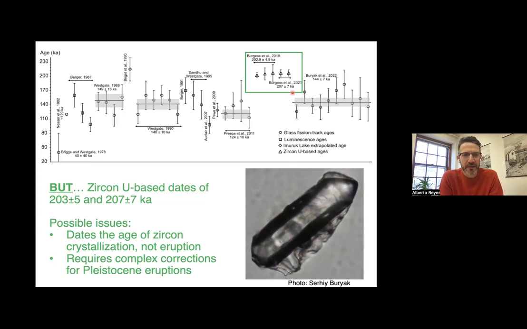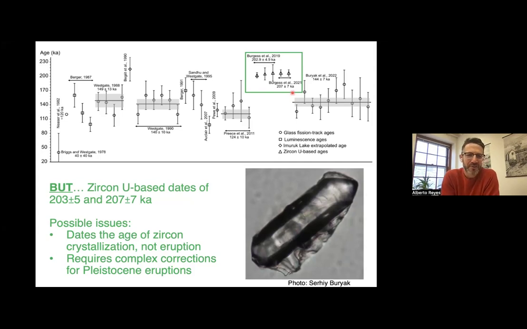I'll put the links in the chat at the end here. And so they published these zircon uranium-lead and uranium-thorium dates of 200 or so thousand years ago. And so this is really highly disruptive and was a cause for real concern for those of us who work in this field. And I'll go through why in a second.